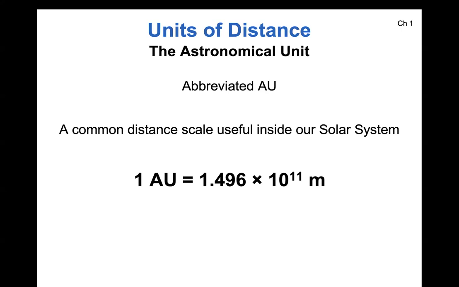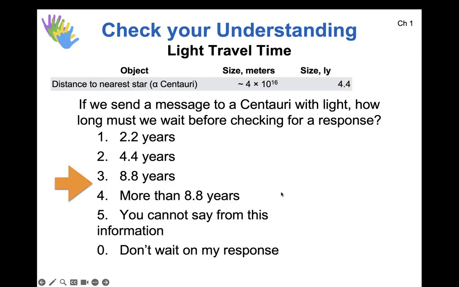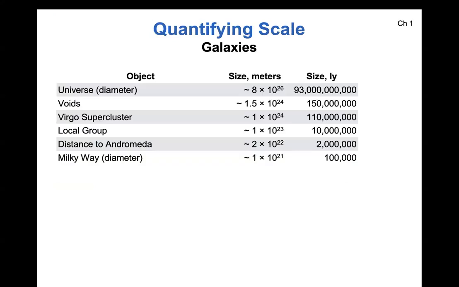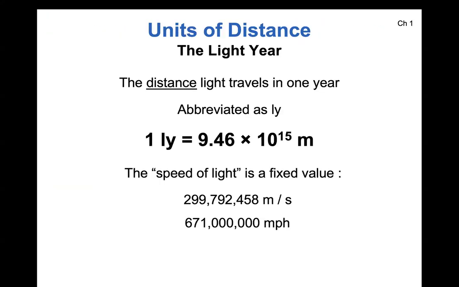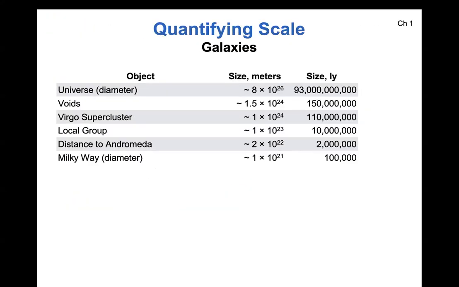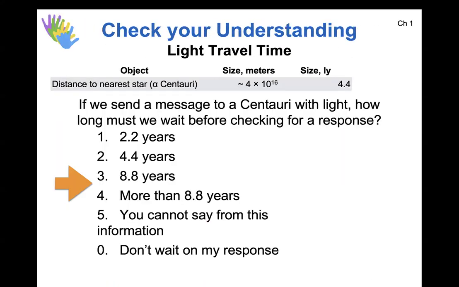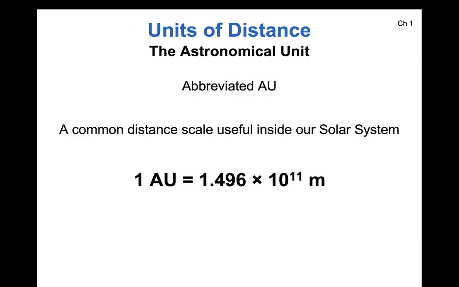So, but the astronomical unit still looks like a big value, right? So at 10 to the 11 there. But if you compare that to a light year, which had 10 to the 15, you can think, well, okay, that's 4 powers of 10 or 4 orders of magnitude, 10,000 times different. In other words, the astronomical unit is less than a 10,000th of a light year.